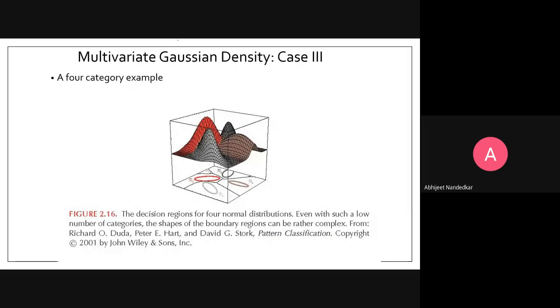Now when I extend this case for multi-category, say here extending this for 4 categories, you can see there are 4 normal distribution curves. This is the first one, second one, third one, and fourth one. So I have N1 mu1 sigma 1, then N2 mu2 sigma 2, then N3 mu3 sigma 3, and N4 mu4 sigma 4.